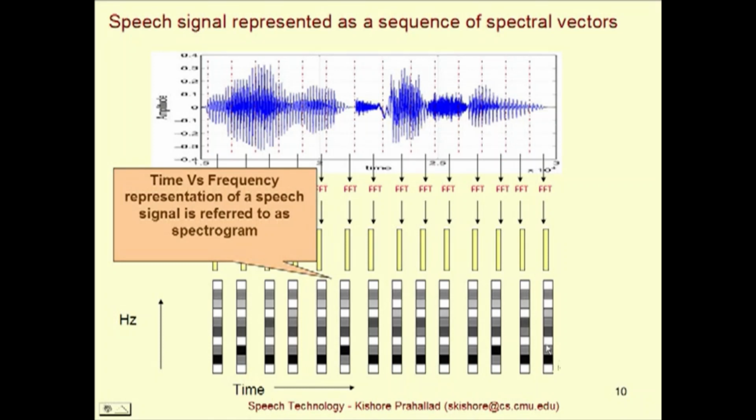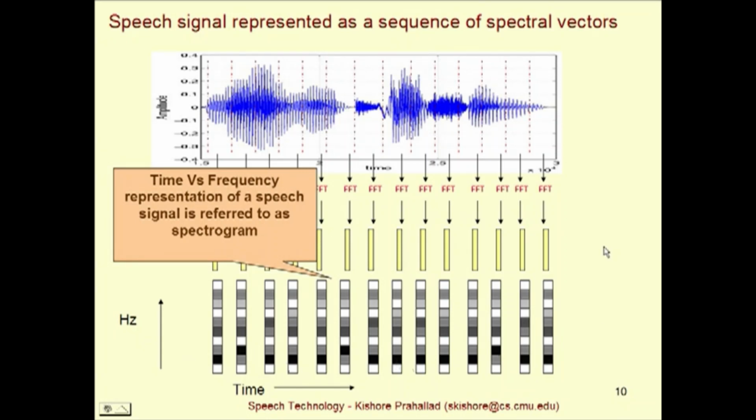Dark is a peak and white is a non-peak. So each spectrum gets mapped to another block like this. You have a sequence of spectral vectors represented using gray level values in the time domain. This is a sequence going in this direction, and because the frequency is in this direction, this is referred to as the time frequency representation of the speech signal, and this is known as spectrogram.